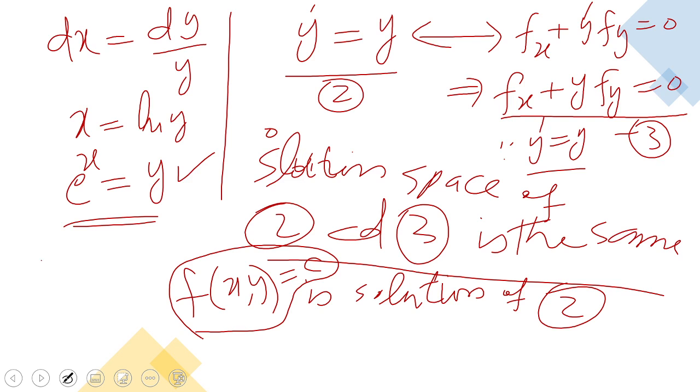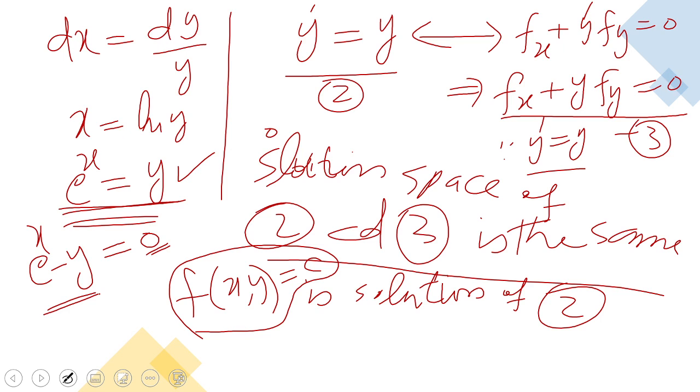Let's see again: e to the power x minus y equal to 0. In this case it is 0, but it will not always be 0, because we ignored our integration constant. If I incorporate the integration constant, then there will be some constant. So when you operate d by dx on this c, you will get 0.